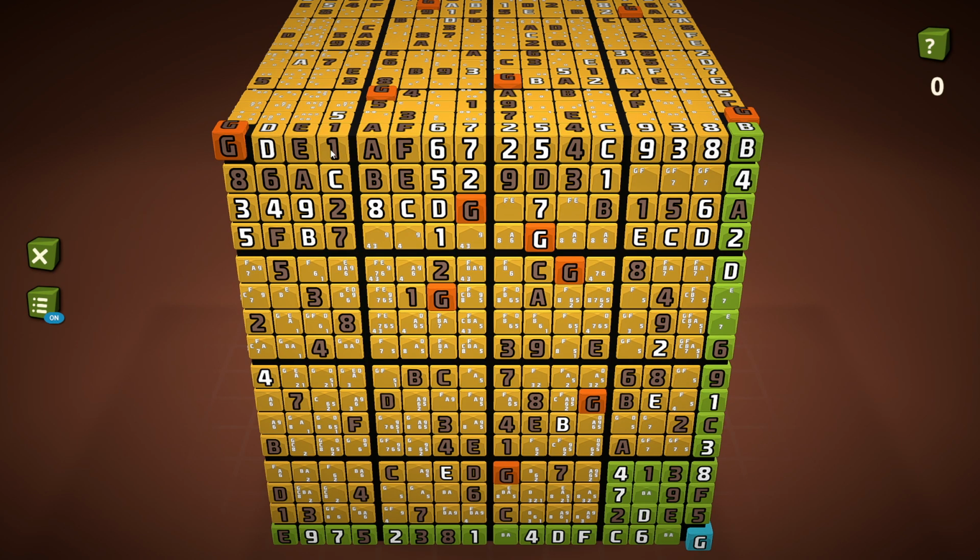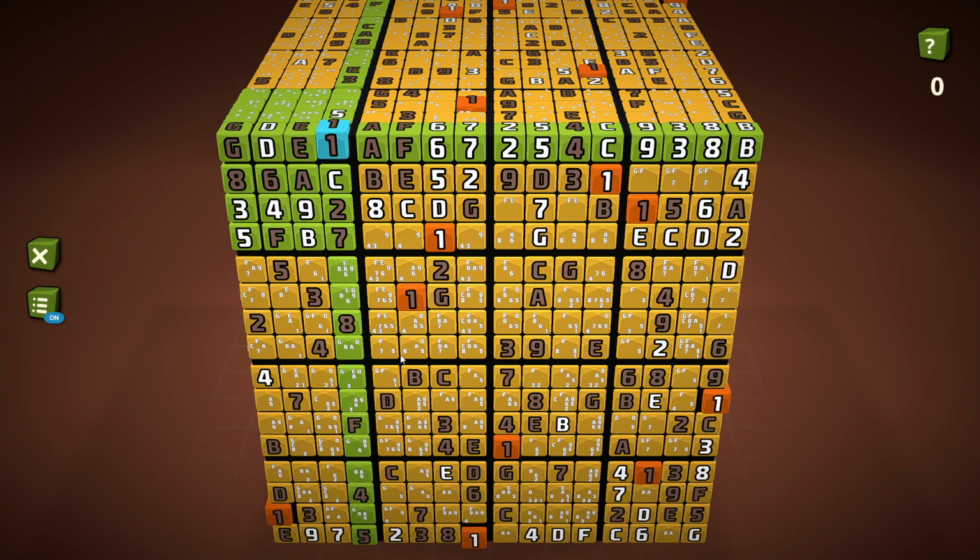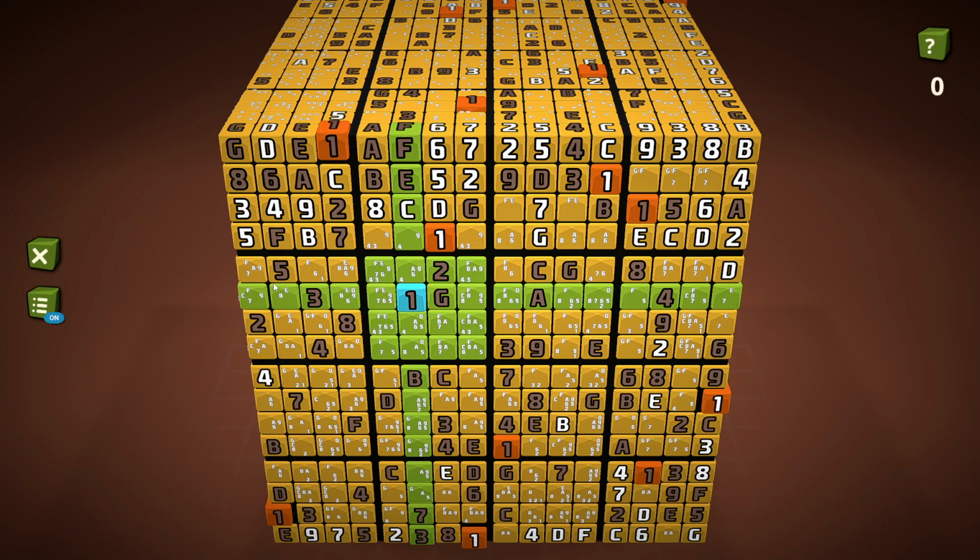Scan to see if there's anything standing by itself. I don't see it. So let's go digit by digit again. A lot of possible ones there. Oh. No. Still leaves 3. No. That still leaves 3.